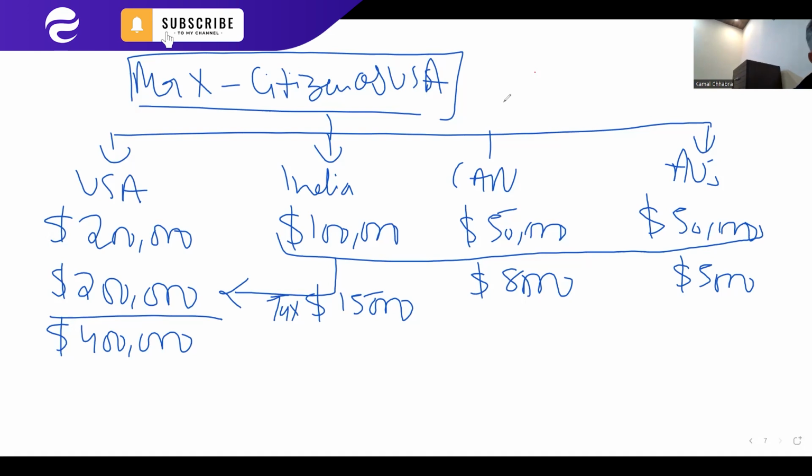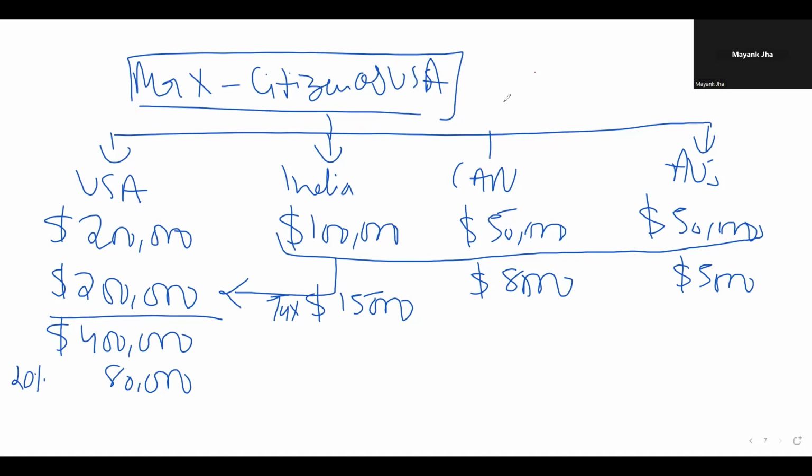Let's say in US, for this total income, they have a tax rate of 20%. So how much is the tax? 80,000? Yes, no? 20% of 400,000, 80,000.